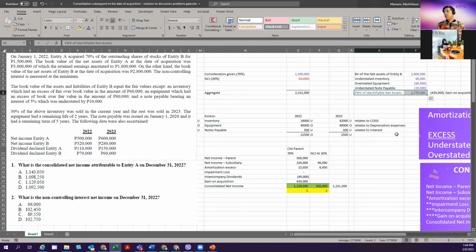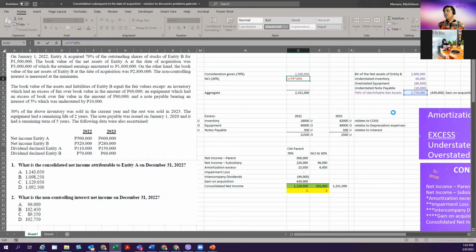So now, pag-usapan natin itong NCI. Sabi kasi natin, ang NCI, the non-controlling interest, is measured at the minimum. So if it's measured at the minimum, sabi natin, the method to be used is proportionate share. So meaning, it's 30% of the fair market value of the identifiable net assets of entity B.